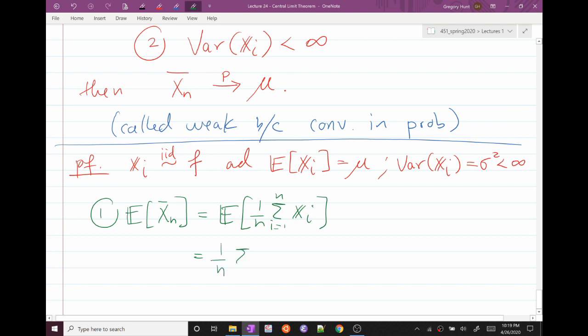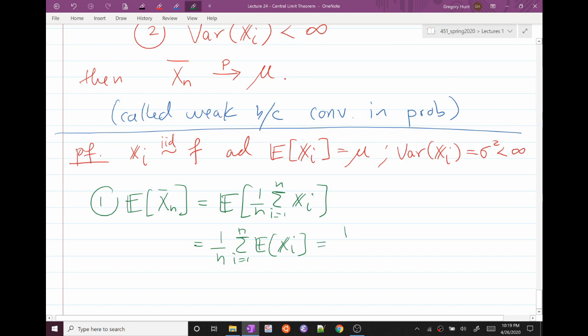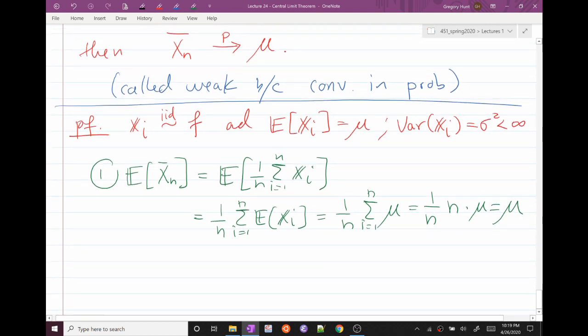So this is 1 over n, sum from 1 to n, expected value of x sub i. Each of these expectations is mu, so I get 1 over n times n mu, which is mu. So the expected value of x bar is mu, our mean. Well, that's good. The expectation of x bar should at least be our mean.